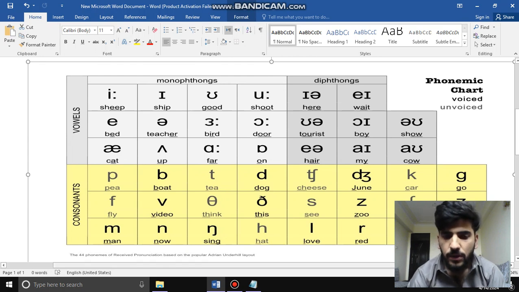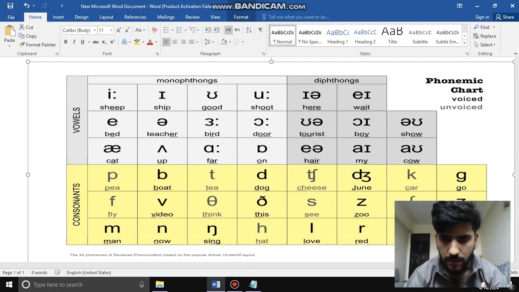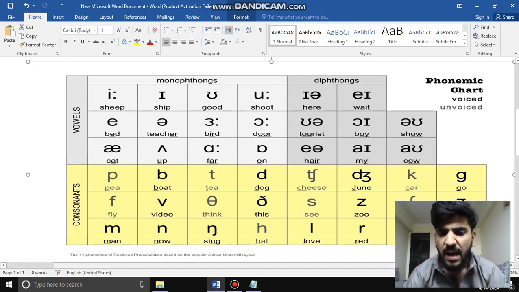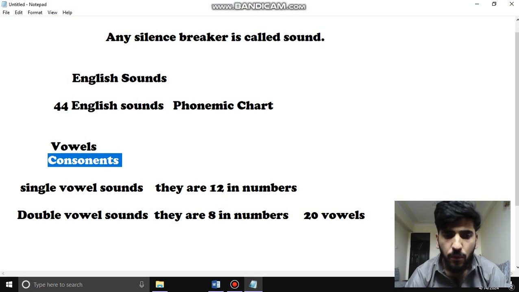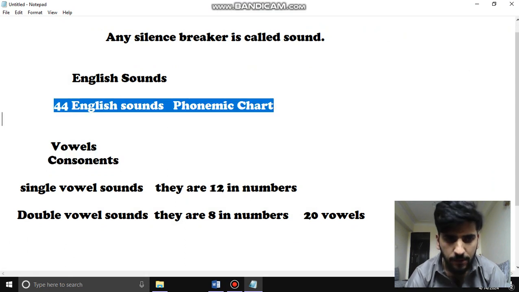First of all, we are going to explain vowels. What are vowels? In vowels, you cannot touch your mouth parts, but in consonants, you may touch your mouth parts. Leave consonants and let's talk about vowels. As I explained, we have 44 English sounds, divided into two parts: vowels and consonants.